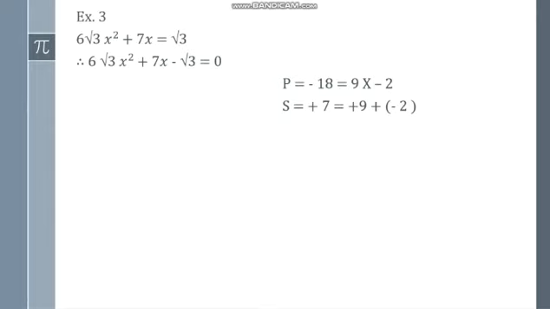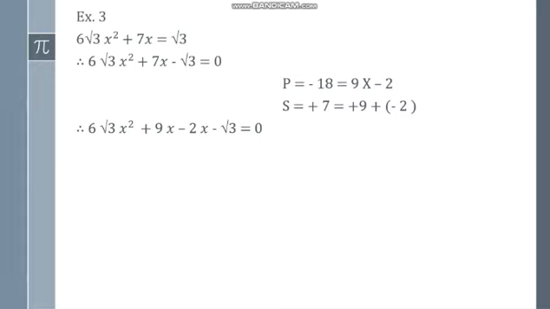So in place of +7x we write +9x − 2x. So 6√3x² stays as it is, and in place of 7x we write +9x − 2x − √3 = 0.